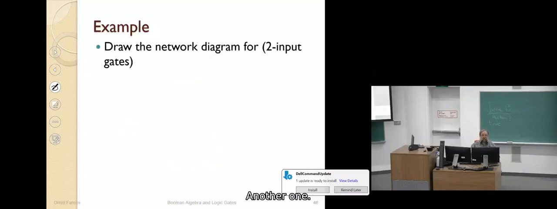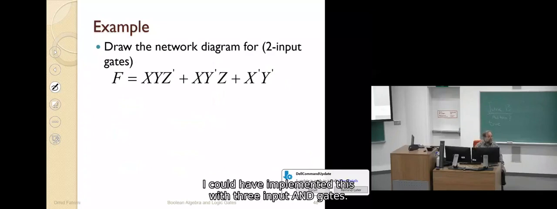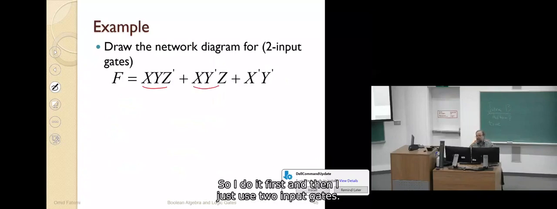Another one. Here, I could have implemented this with 3-input AND gates, because if you see here, we have 3 signals ANDed together. So I do it first, and then I just use 2-input gates.